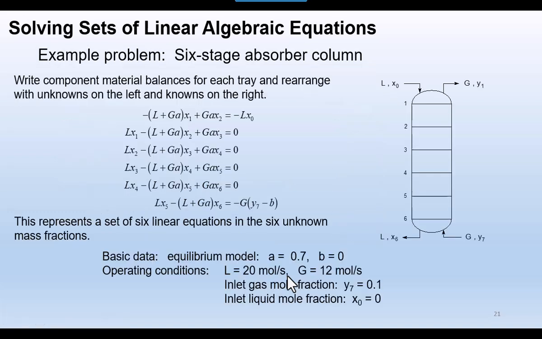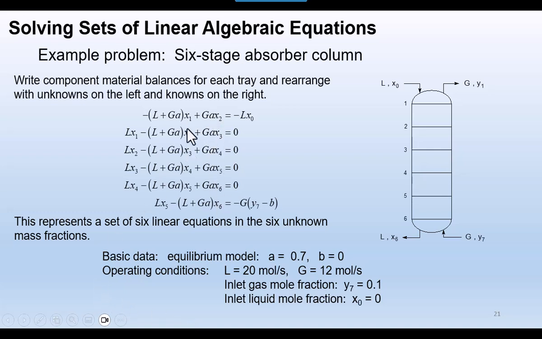And as we do that, we end up with a set of equations, a slightly different equation for tray 1, all right, and then a different equation for tray 5, all right, 6 down here.